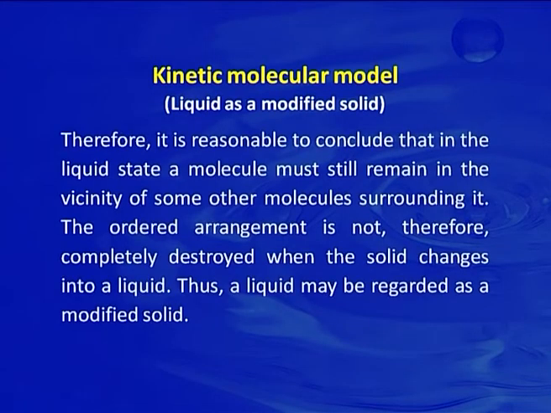Therefore, it is reasonable to conclude that in the liquid state a molecule must still remain in the vicinity of some other molecules surrounding it. The ordered arrangement is not therefore completely destroyed when the solid changes into a liquid. Thus, a liquid may be regarded as a modified solid.